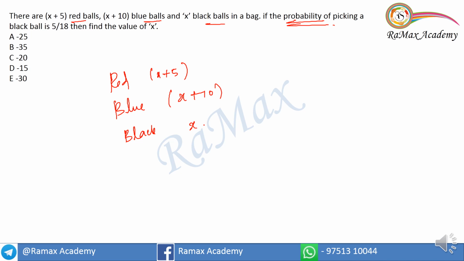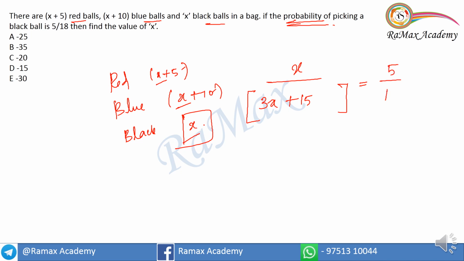Okay, this is the problem by picking black balls, which means black will be in the numerator, x balls in the numerator. What will be in the denominator? The total number of balls. The total number of balls here is 3x plus 15, okay, which is given that this is 5 by 18.